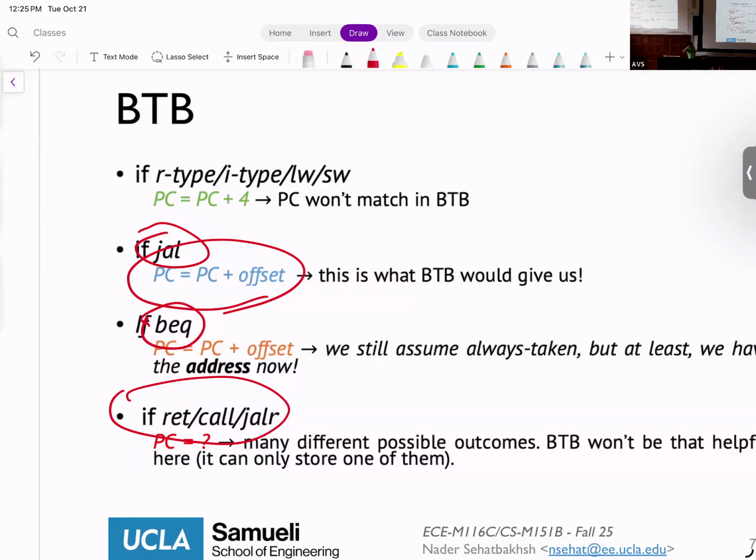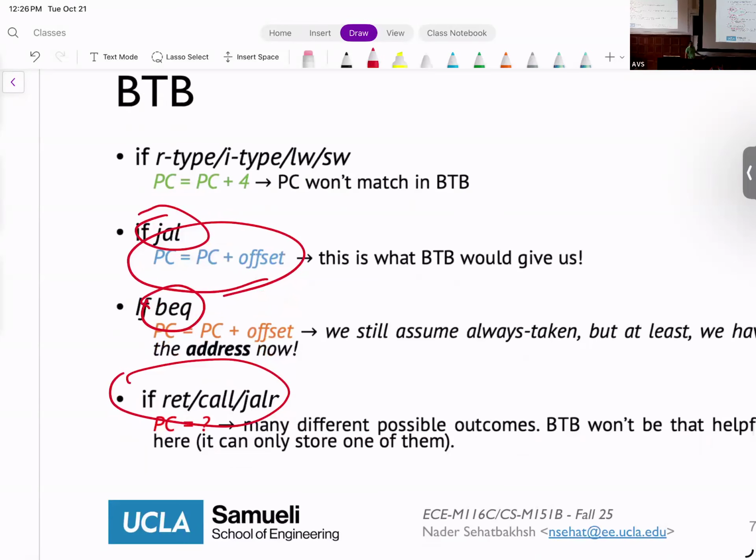For indirect branches like return and JALR in general, the BTB may or may not be helpful, because if your base address is changing, it is not going to help. It's actually going to negatively impact your performance, because you mispredict and you have to flush and all that. So you might actually be better off without a BTB. Okay, so let's see how we improve this. The BTB helps, but only to some extent. That's the summary of this slide.